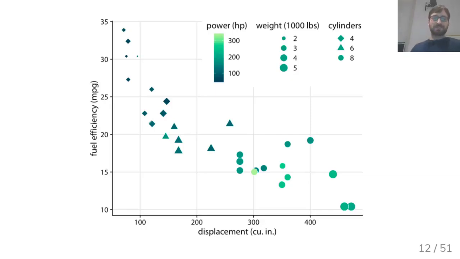So displacement is mapped to the x-axis, fuel efficiency is mapped to the y-axis, horsepower is mapped to the hue, weight is mapped to the size of each point or marker, and cylinders mapped to the shape of each marker.